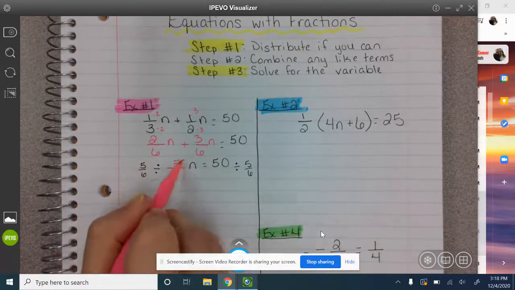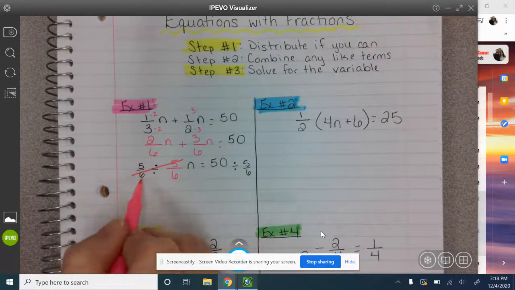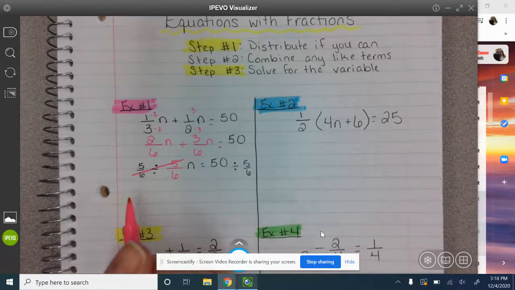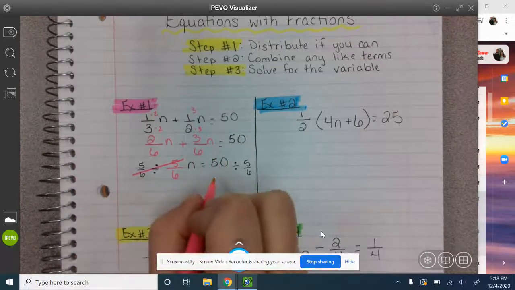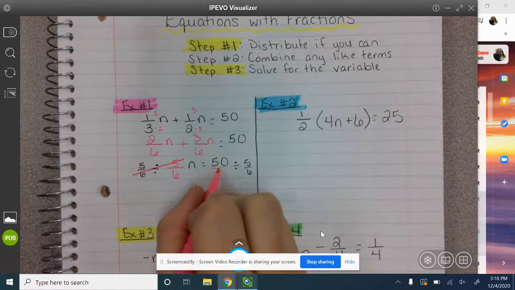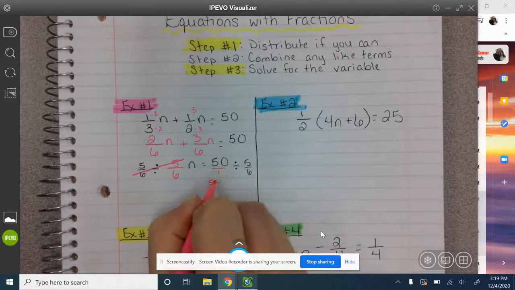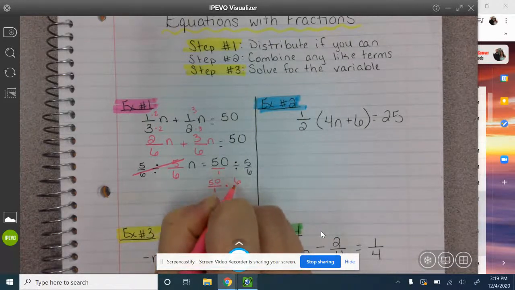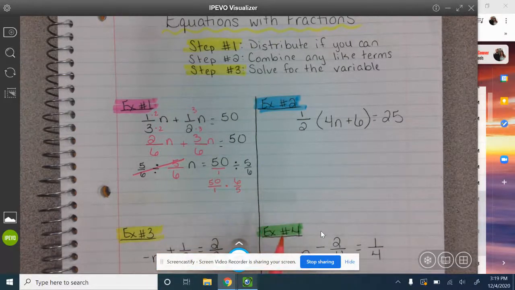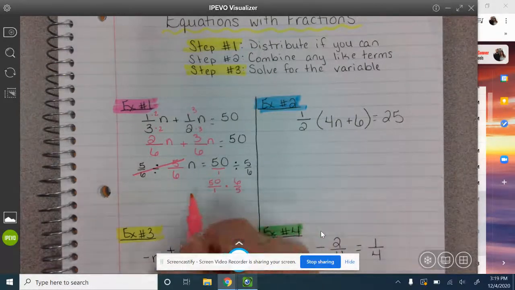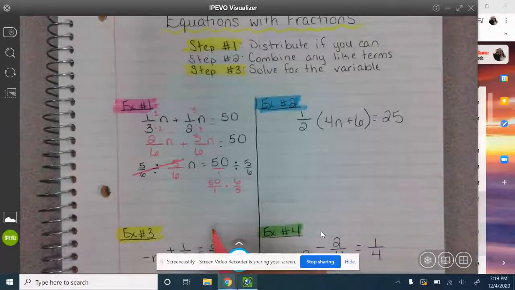The division on the left-hand side cancels out because those are going to undo each other. Any number divided by itself is automatically going to get you a 1. So right here, we have 50 over 1 divided by 5 over 6. So 50 over 1 times 6 over 5. When I look at this, I'm going to cross cancel before I go any farther.